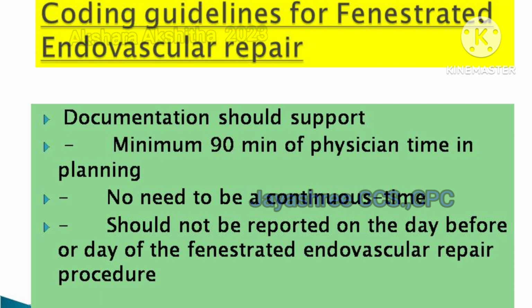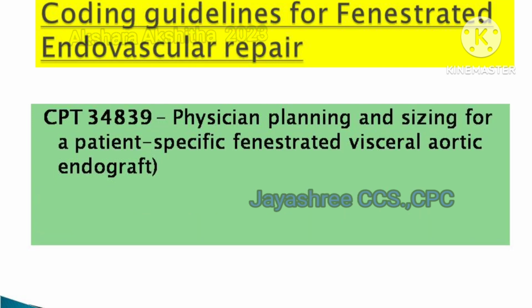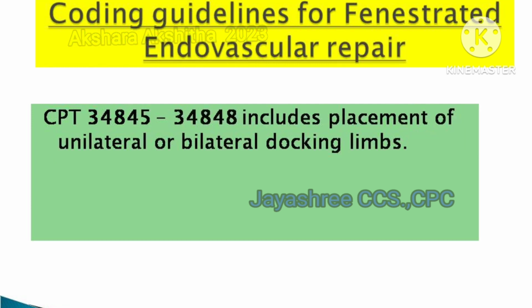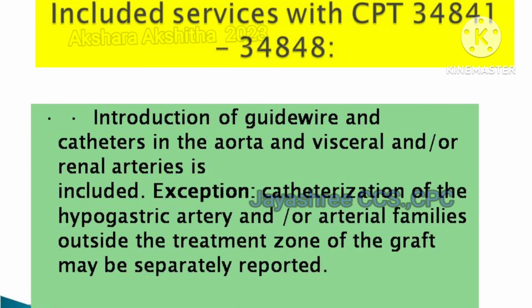The third point is it should not be reported on the day before or the day of the fenestrated endovascular repair procedure. We should check these points from the documentation, and only then can we code 34839. Then, the services included in the CPT description we should not bill separately.